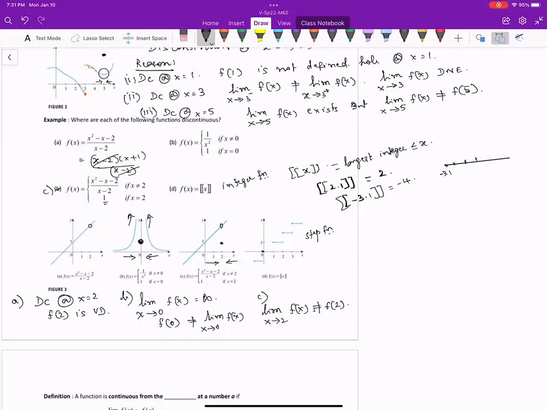So it is discontinuous at all integers, namely 1, -1, -2, -3. That is the property of the step function.